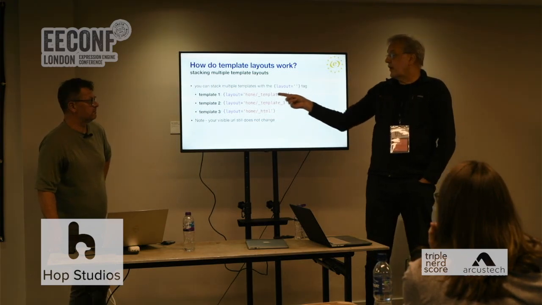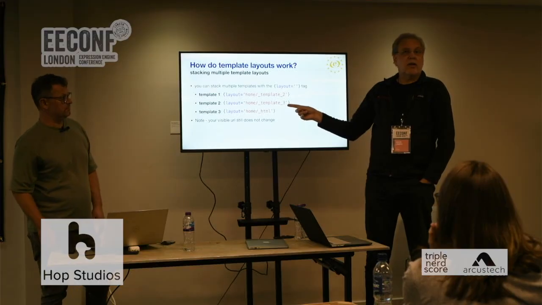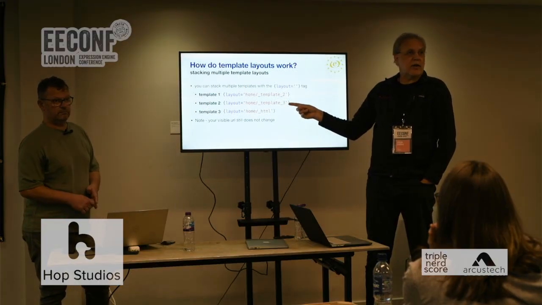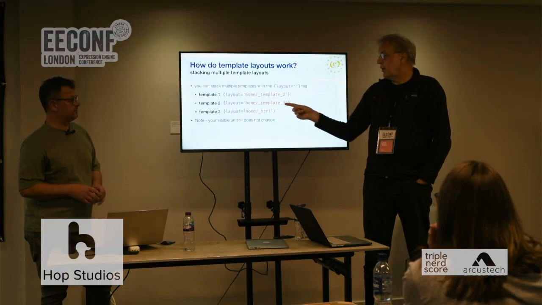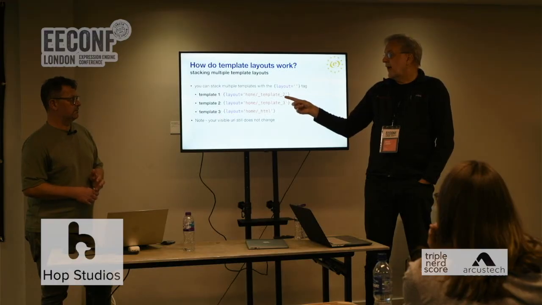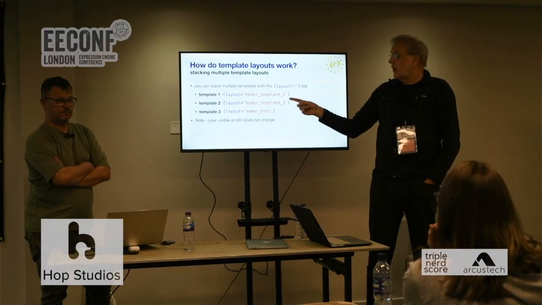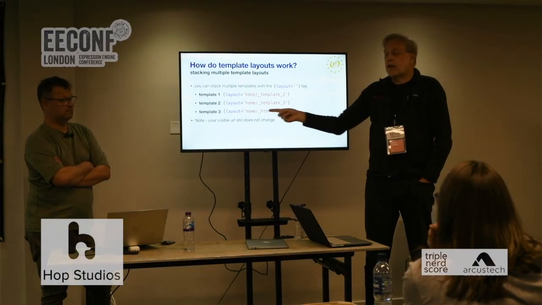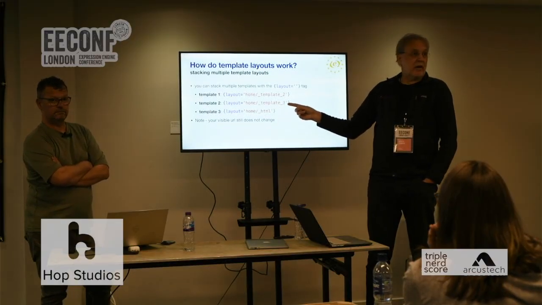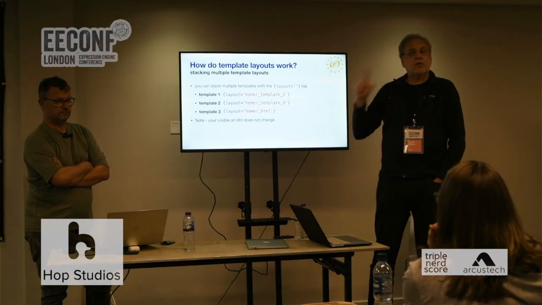So if you've got stuff in here that you wanted to use later on, you'll lose it because layout contents gets overwritten by whatever's in here. So you need to make sure that if there's something in here you want to use in here, you put it in here before you finish processing the template. And when you get to the next one, you get a new layout contents based on what this one evaluated to be.